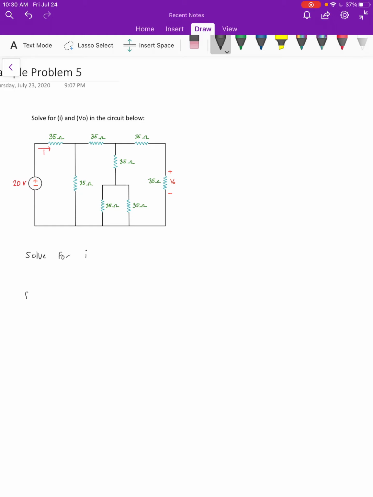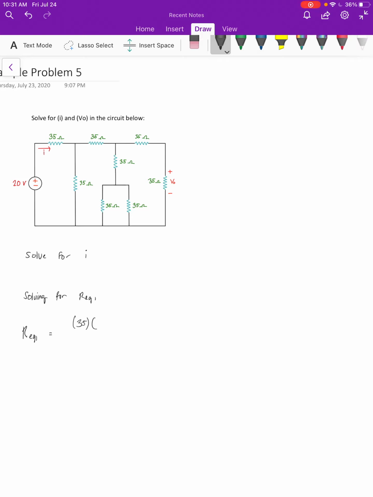Okay, so solving for REQ1, which is again this one, we have REQ1 is equal to, we will use the parallel resistor method of adding.